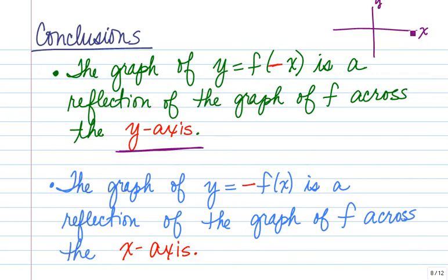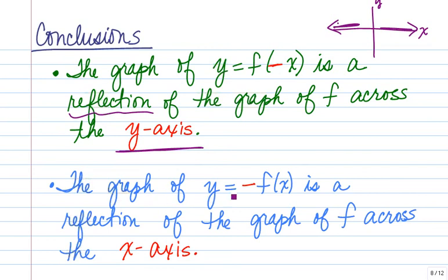if my x values are positive here, right, when I flip them over the y-axis, they become negative. And that's what we're doing, right? We're taking the opposite of x. Well, the opposite of x are on the opposite side of the y-axis. So that term reflection is a real mathematical term for flipping over. It's kind of like a mirror image, right? If you see your mirror image, you're seeing the opposite of what you would think.